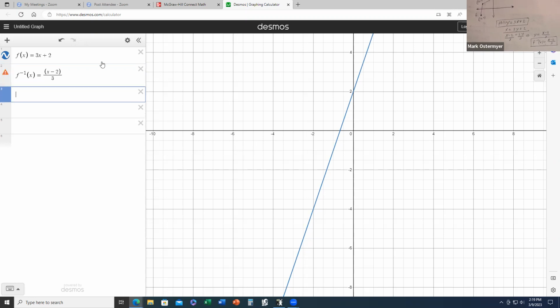It doesn't like the notation up here, so whatever, I'll just call it g of x.